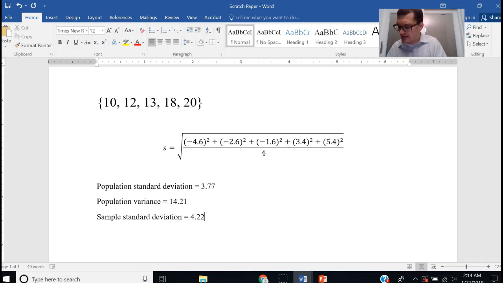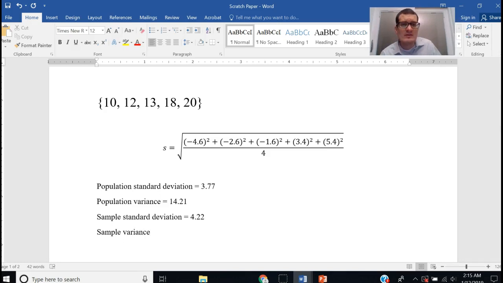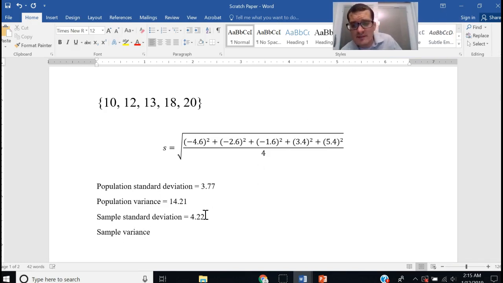Okay, and we could obviously square that and get 17.81 for our sample variance. All right. So, whoops, 17, I said 0.81. That's the idea of the difference.